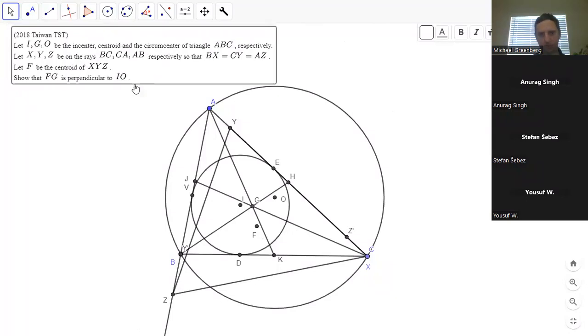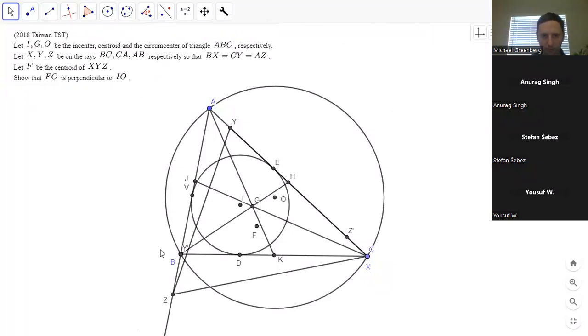So then we want to show FG is perpendicular to IO. So CY equals BC, so that gives an isosceles triangle there, and AZ equals BC. So yeah, Y prime equals B basically.